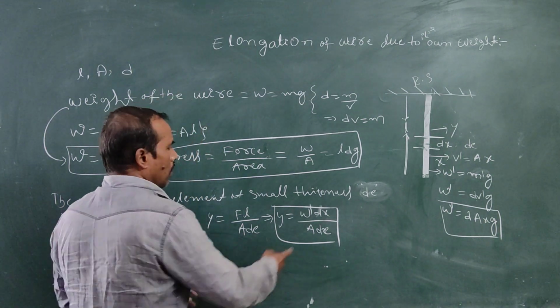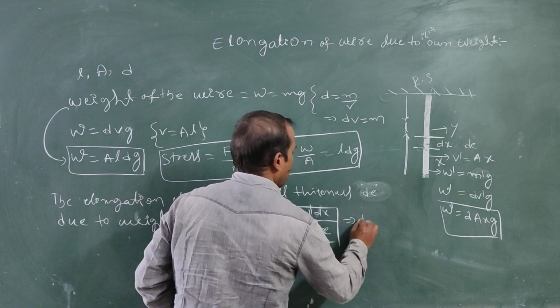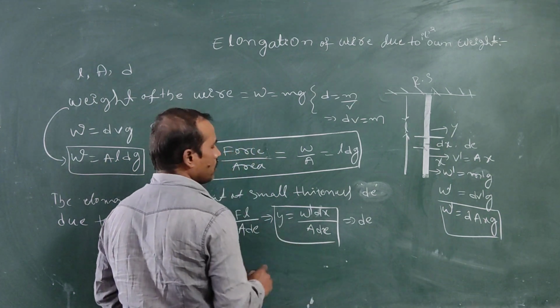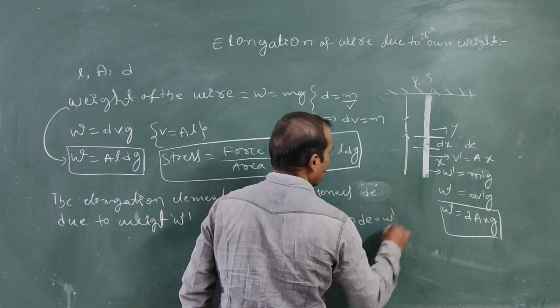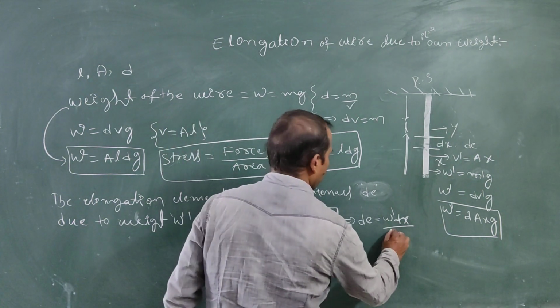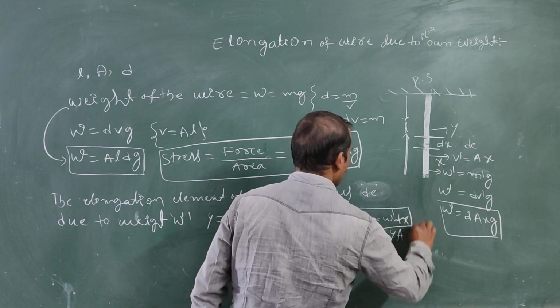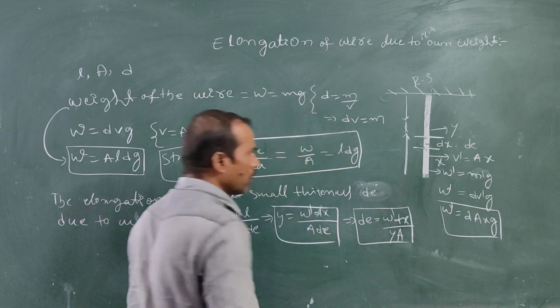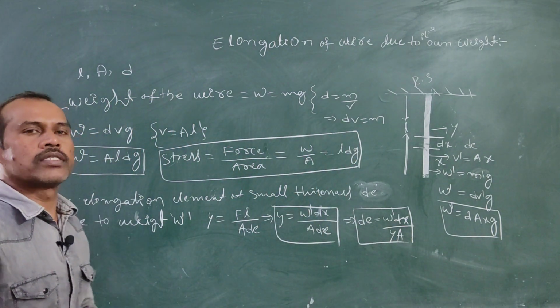This is the Young's modulus of this portion, where dx is the small thickness of the wire and dE is the elongation in the dx portion due to the weight W prime. Here we want only the elongation, so dE is equal to W prime dx by Y A. This is the small elongation in a dx element.